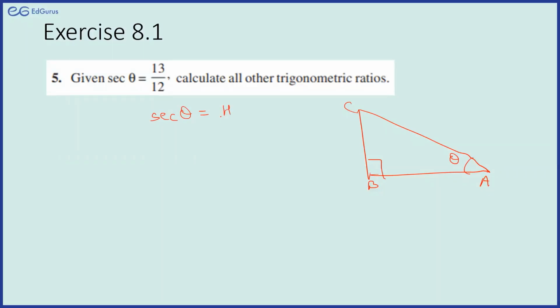So H upon B. ठीक है? तो अब इन्होंने तुमको H और B की रेशो दे रखी है. You can just assume same thing, 13x by 12x, right? And you can find the perpendicular. Hypotenuse और base की दे रखी है. ठीक है ना?